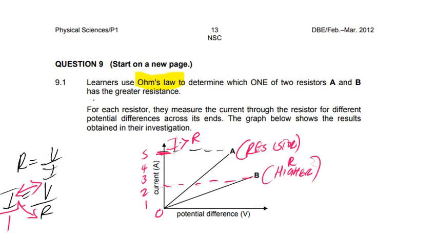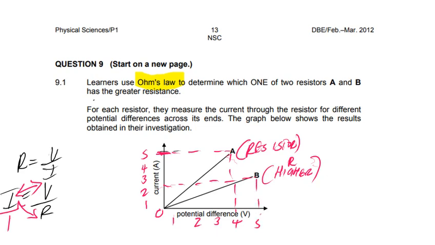Look at this. We're going to take the values for current: 1, 2, 3, 4, 5.